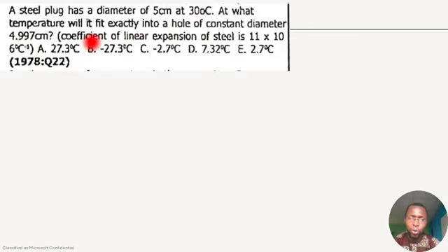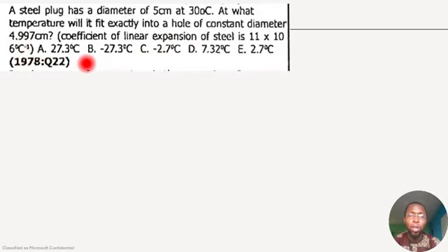At what temperature will it fit exactly into a hole of constant diameter 4.997 centimeters? The coefficient of linear expansion of steel is 11 times 10 to the power minus 6 per degree Celsius.